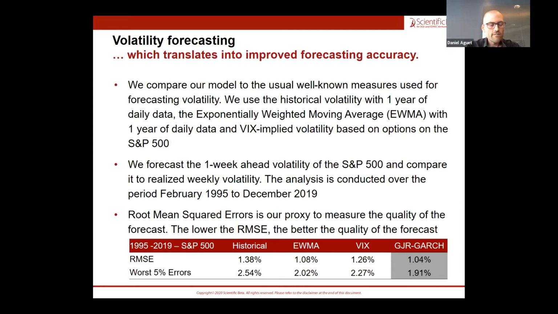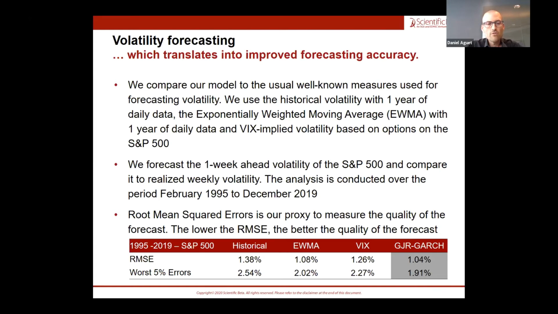from 1995 to 2019, so the starting date of the VIX on the S&P 500. So what we do is that every week we do a forecast of next week volatility, and we compare this forecast to the realization, so the realized volatility. And we square these differences.